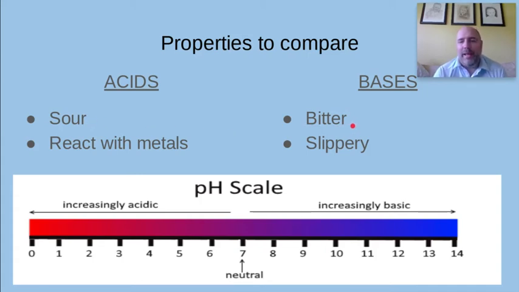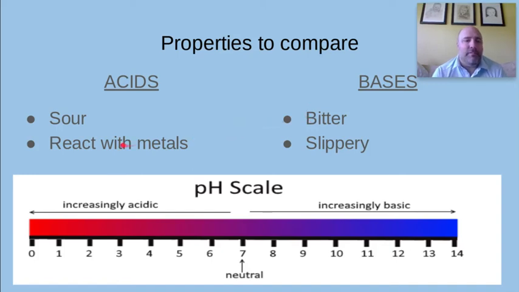Bases would be like coffee, which has a bit of a bitter taste. Soap, have you ever had your mouth washed out with soap when you were a little kid? I had that experience. That tastes bitter. Maybe also a banana peel or an orange peel, those are a bitter taste. Or baking chocolate that's unsweetened, that has a bitter taste too.